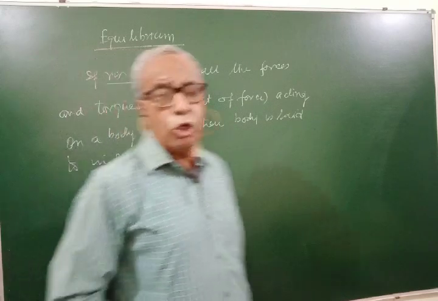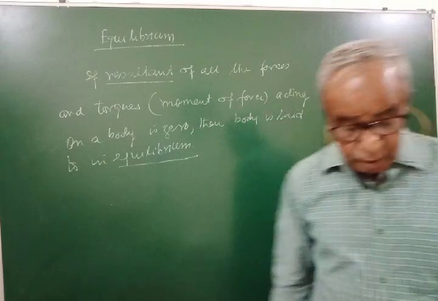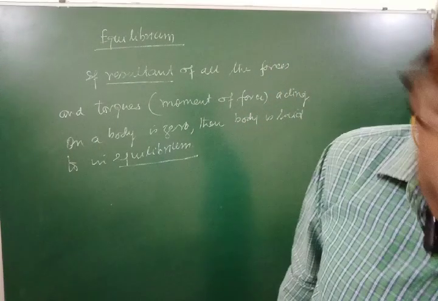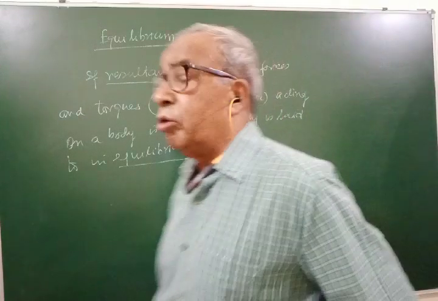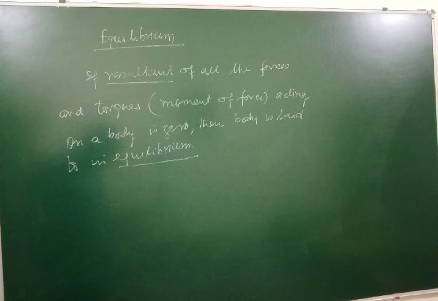Please be very sure what you are learning. Equilibrium. When the resultant of all forces and all torques acting on a body is zero, then the body is said to be in equilibrium.